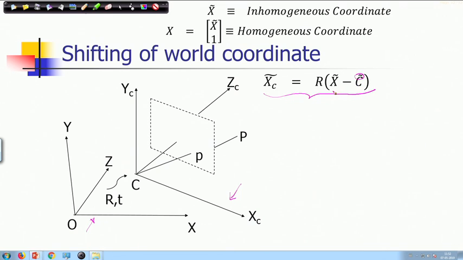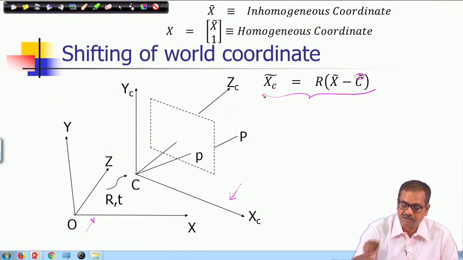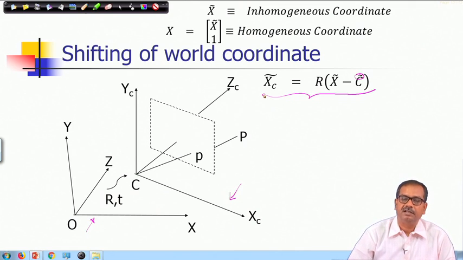So, first you translate the point to this center, and then you apply the corresponding rotation, and then you will get the transformed point in the camera coordinate system. This is the transformation which is well explained by any analytical geometry book. You can refer to it.